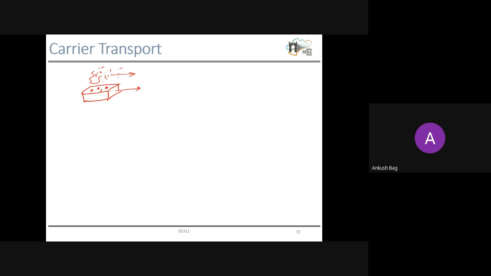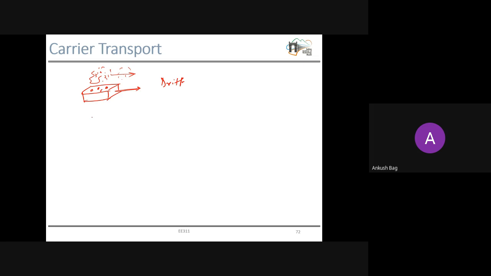They will have randomness in their motion, but overall the flies will shift towards this direction, because we are gradually shifting this sweet box. The same thing is happening in the case of drift motion.